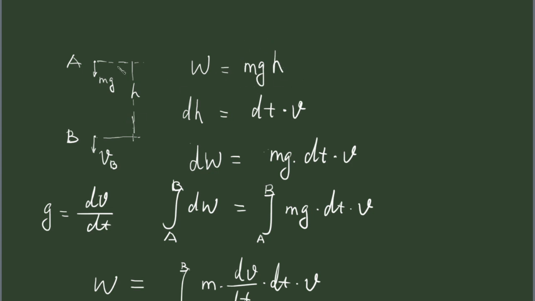This is also the potential energy of the object at point A, because it has the height h, and delta h is the distance the object falls. Delta h equals delta t times v. V is the velocity of the object. It is changing with time.